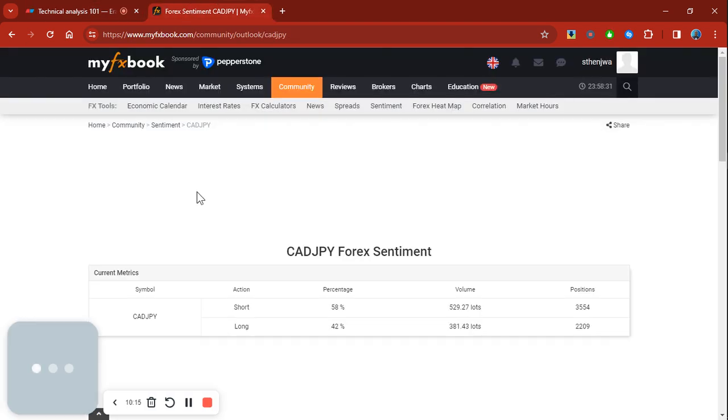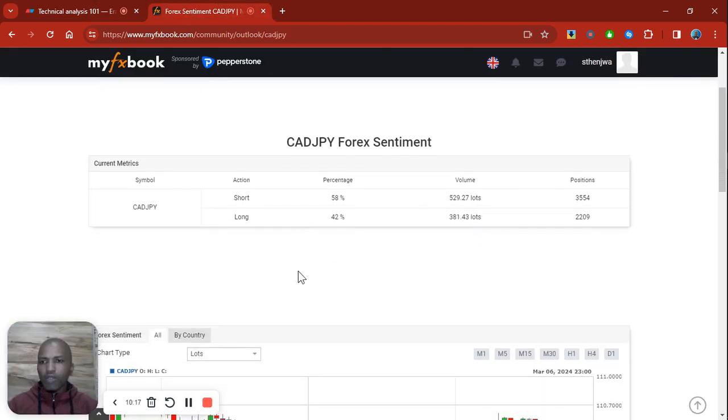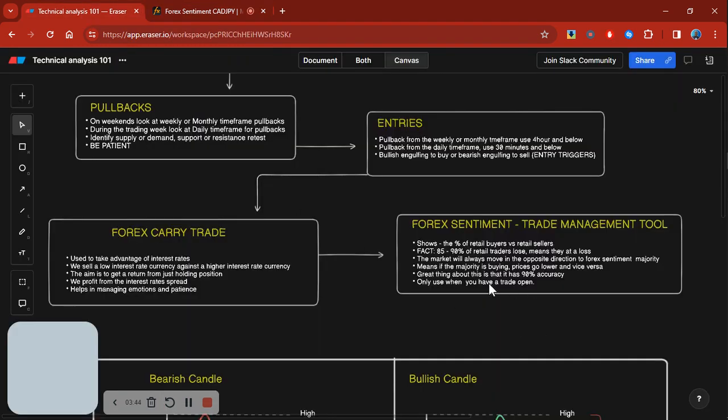Let us go to the forex sentiment for the trades that we've taken. So CAD JPY, even though I'm not in any position, we also look at it. You can just pause the video and read this here. But if you wanna watch the video where I explain this further, you can check out the video that I'll have tagged up on top here.